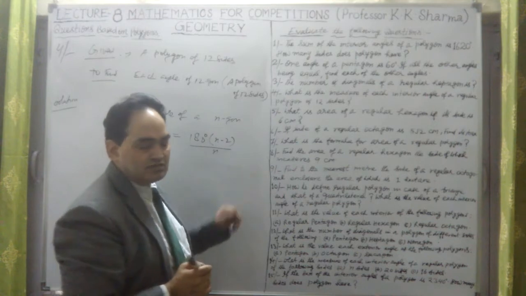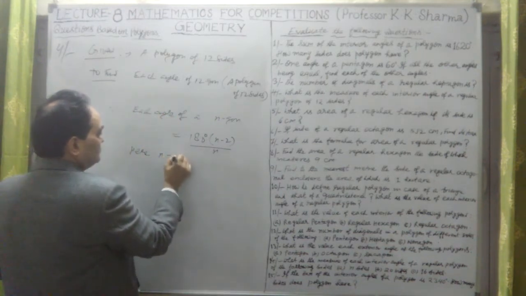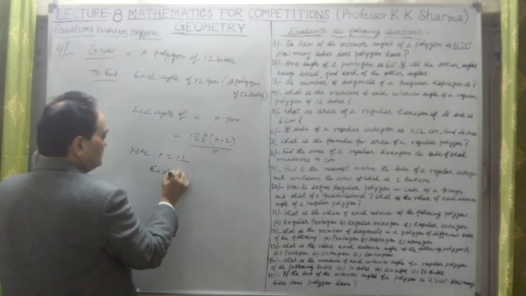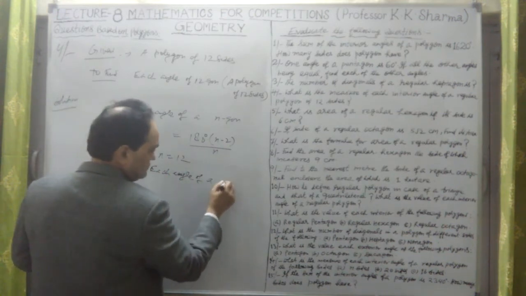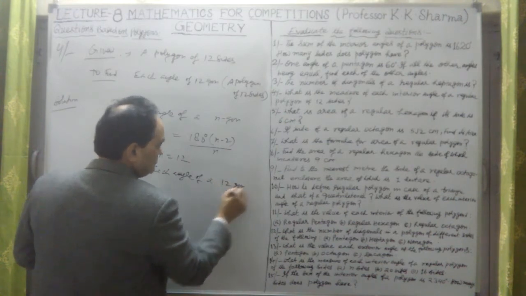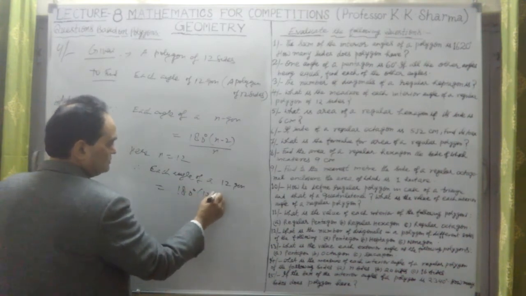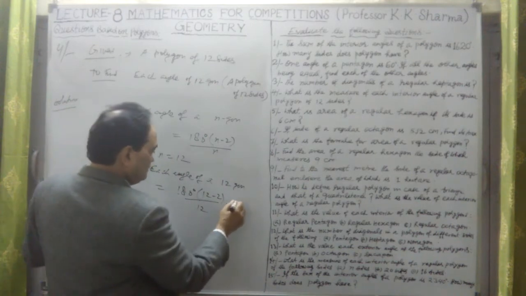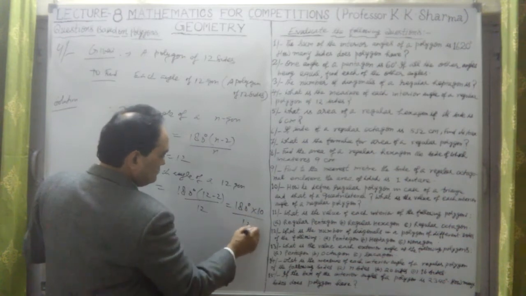So here n is equal to 12, therefore each angle of a 12-gon is equal to 180 degree into 12 minus 2 upon 12. It is 180 degree into 10 divided by 12.